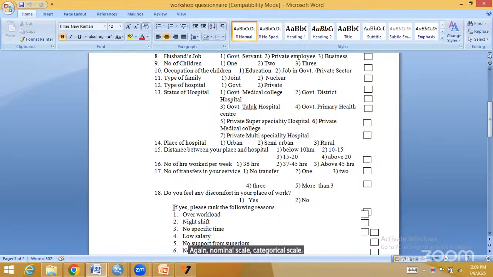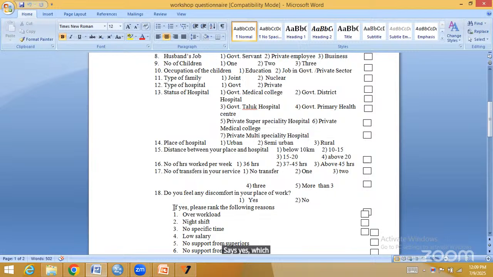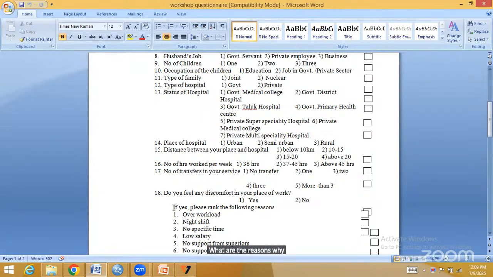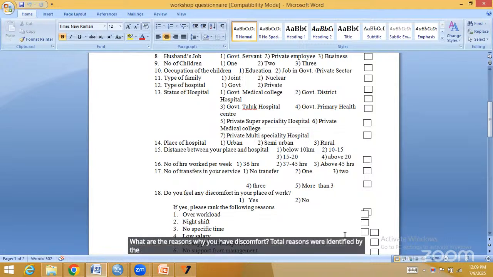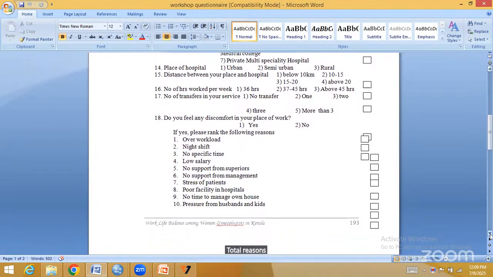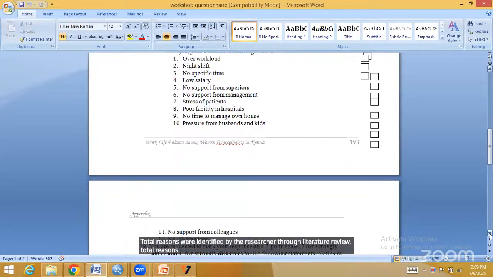But if some of the selected gynecologists say yes, which means they have discomfort in their workplace, what are the reasons why you have discomfort? 12 reasons were identified by the researcher through literature review.